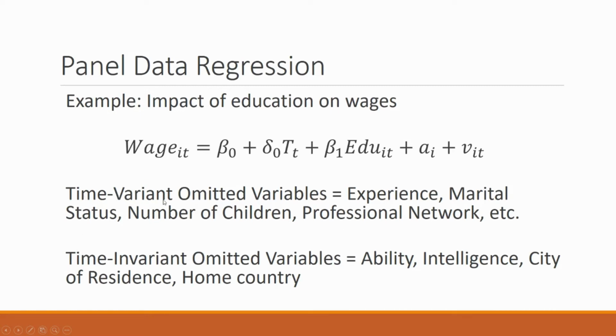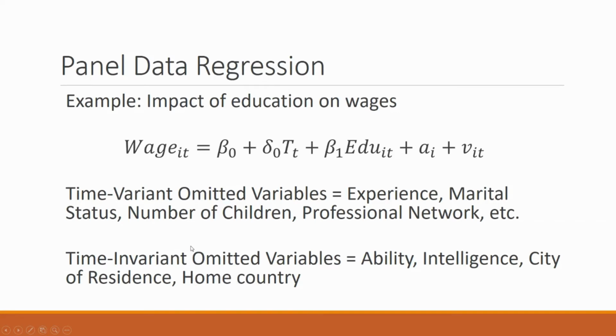The time variant omitted variables are experience, marital status, number of children, and, I changed this last one, professional network. The time invariant unobservables are ability, intelligence, city of residence. Like I said, you could easily see that one as time variant because people can move between cities. And then home country, which is definitely a time invariant omitted variable.